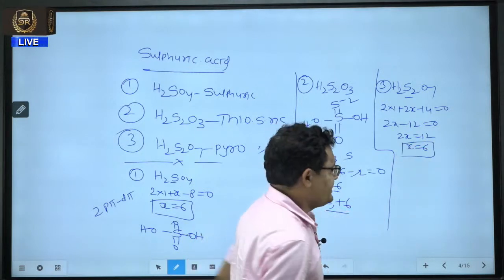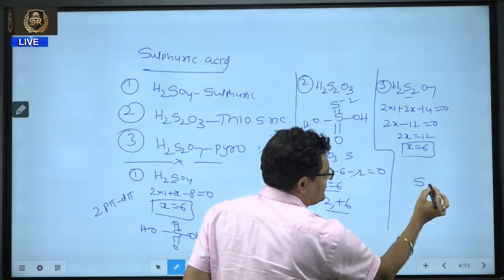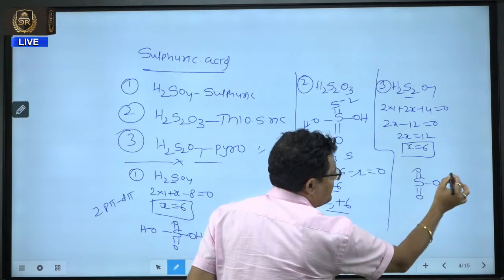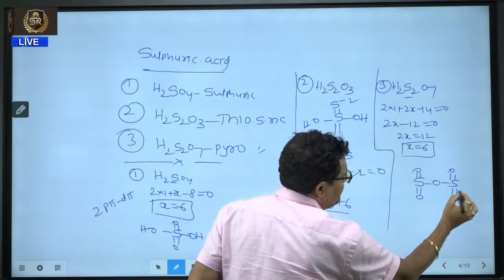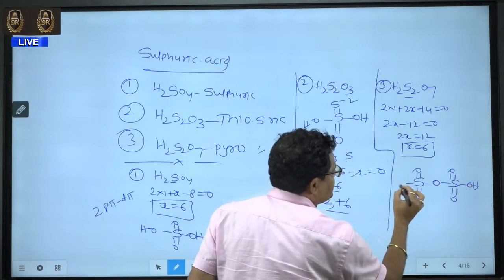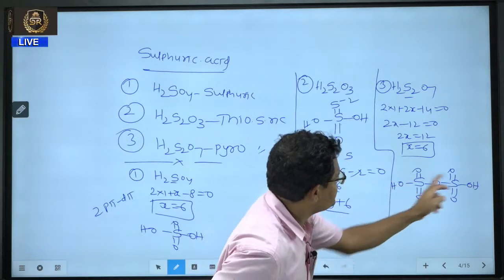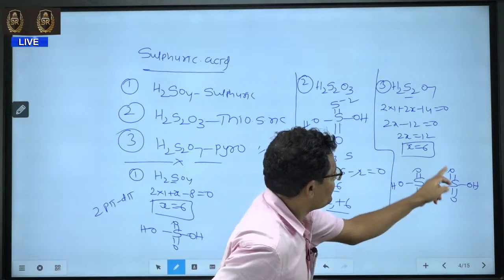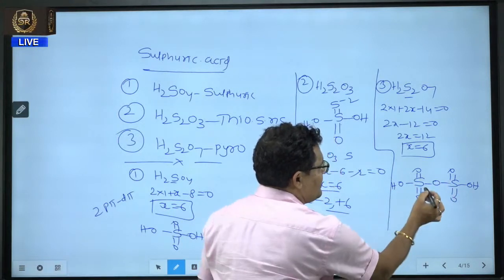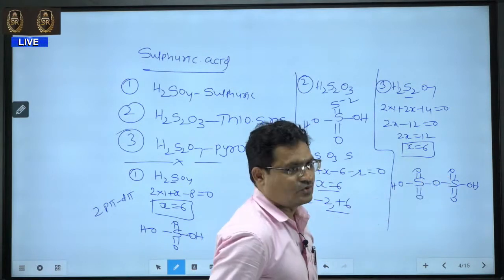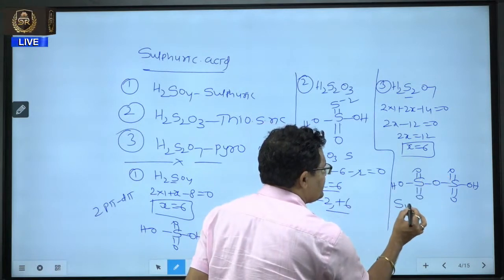Here pyro is there. What is the structure? S, oxygen, S, double bond, OH. So H2S2, 1 2 3 4 5 6 7. Sulfur oxygen sulfur bonds are present in this group. Here also same thing, sp3 hybridization.